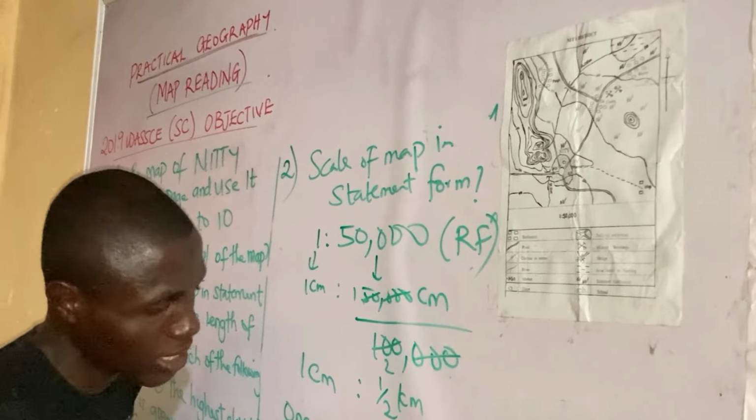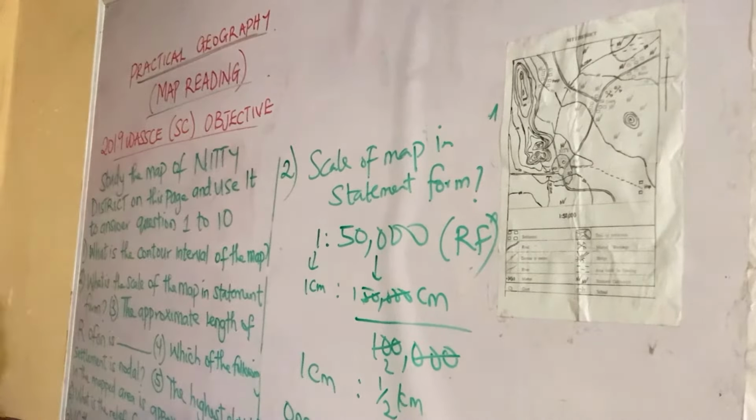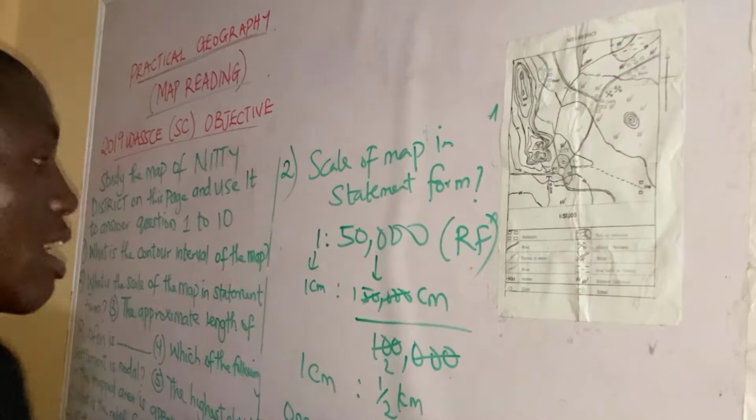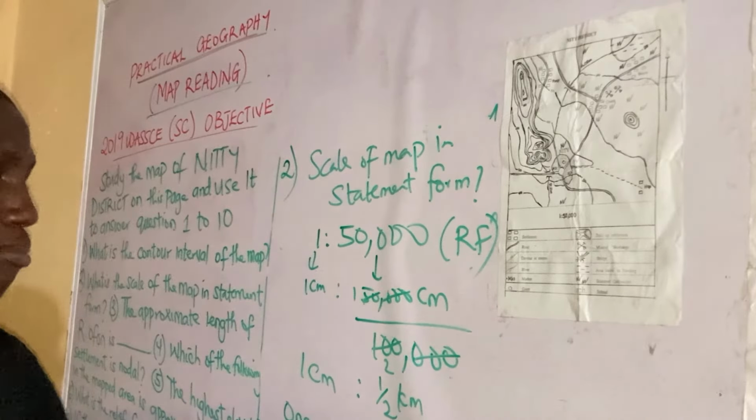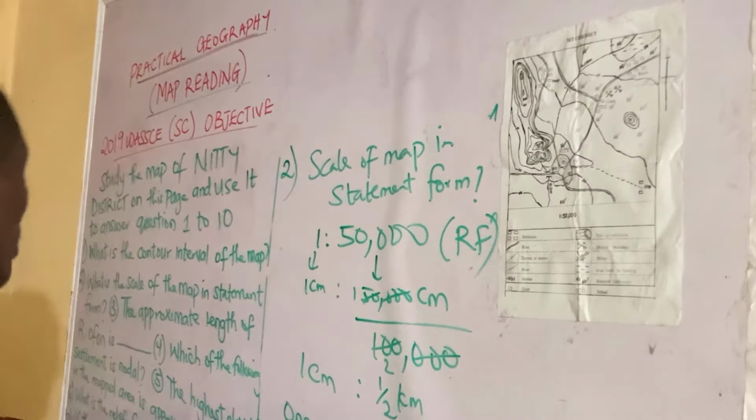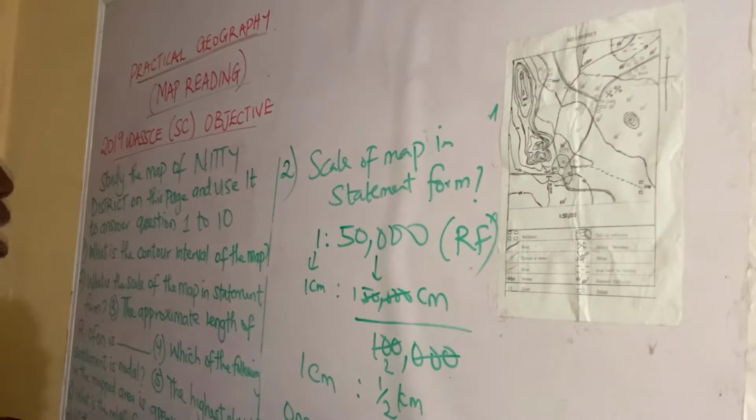So that's just the statement scale. If I have to express this in a statement scale, I will express it as 1 centimeter on the map represents half a kilometer on the ground. So that's that about the question.